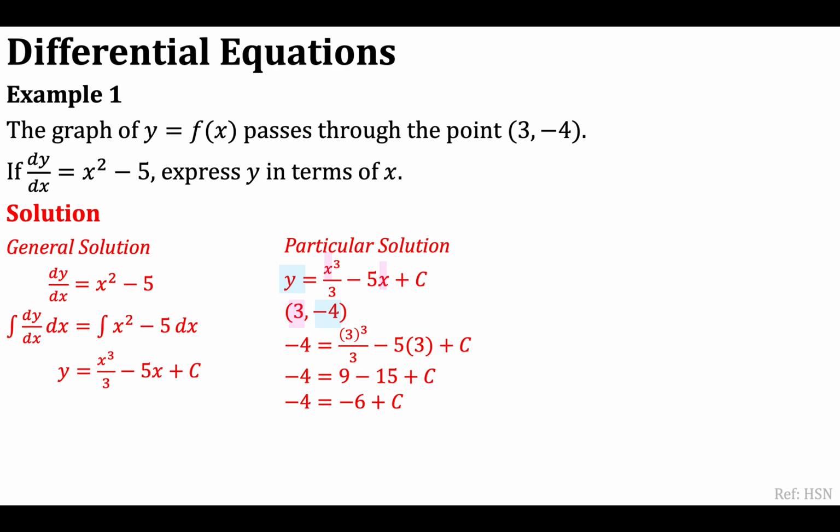Negative 4 is equal to negative 6 plus c, so c is 2. We can now go back to our general solution, y equals x cubed over 3 minus 5x plus c, but I now know what c is. It's 2. So expressing y in terms of x, I've got y equals x cubed over 3 minus 5x plus 2.